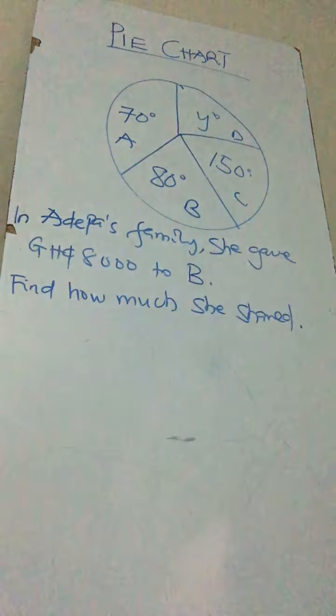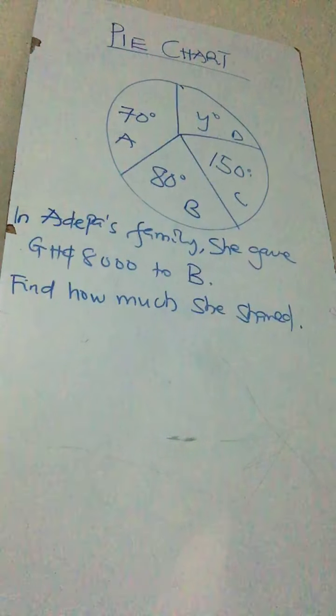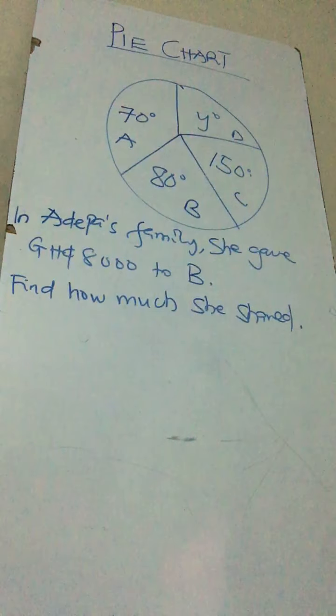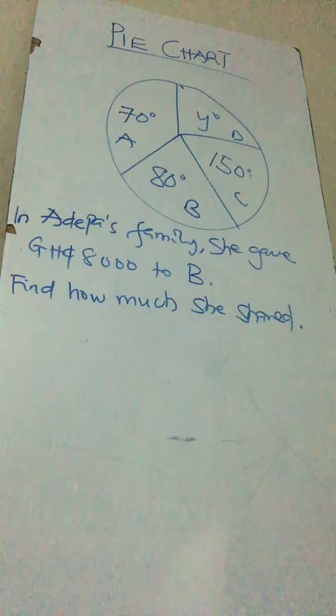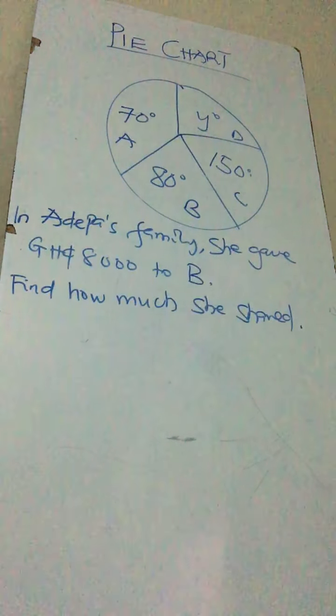And so with this question, we've been given the angles, all right, but they didn't give us the total money involved. They just gave us part of the money, that is part of the money that was given to someone. And so we just use simple calculation to know the total amount that she shared.